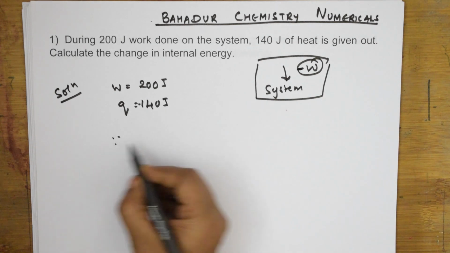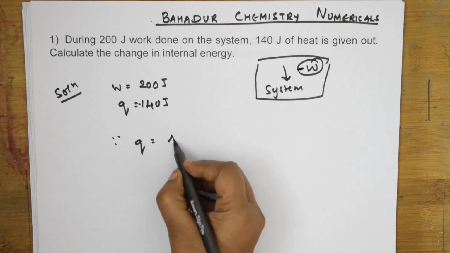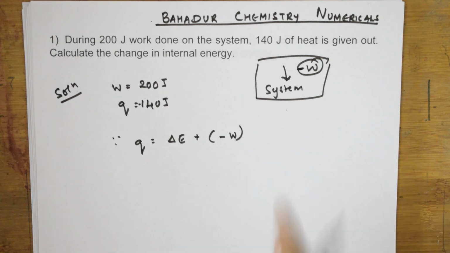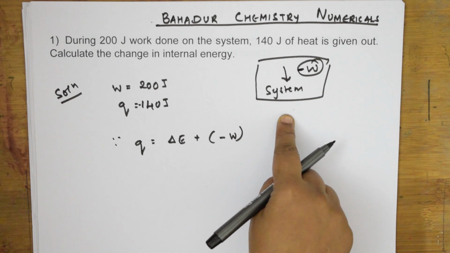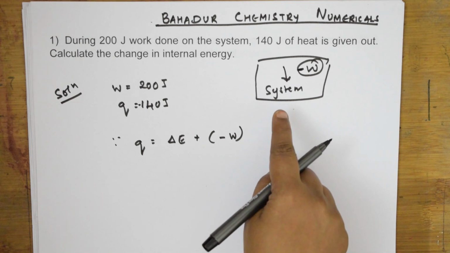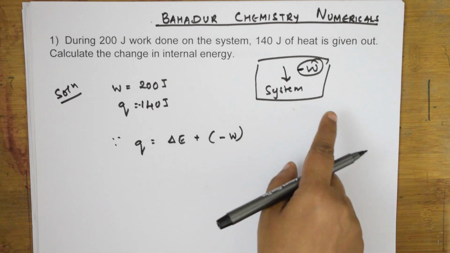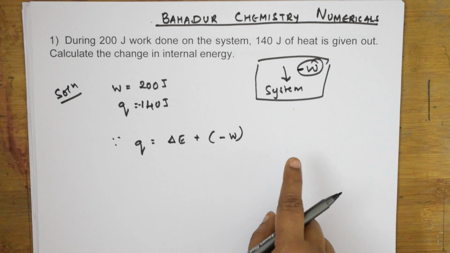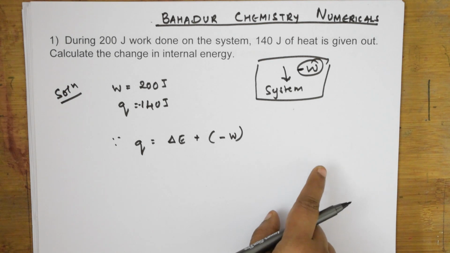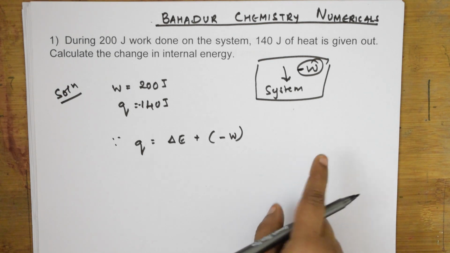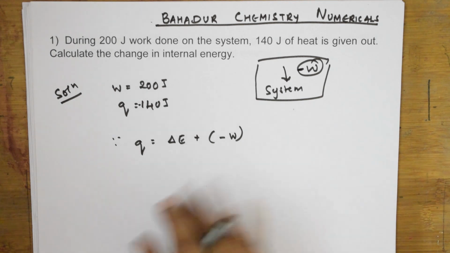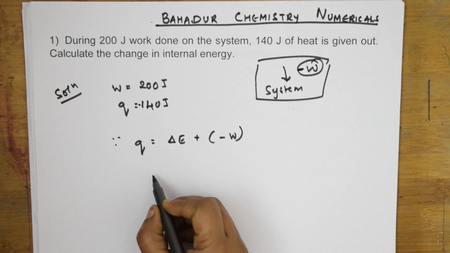According to the formula, Q is equal to delta E plus or minus W. Work is done on the system, they said: during 200 joules work done on the system, 140 joules of heat is given out. Now take delta E to this side.